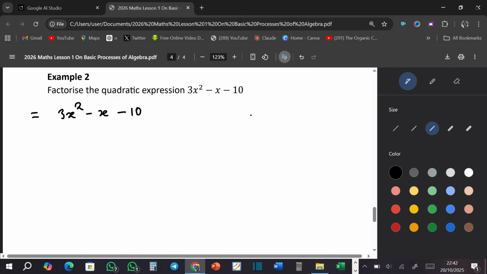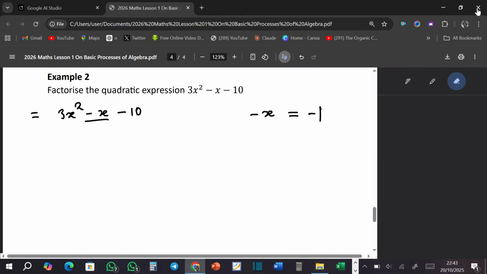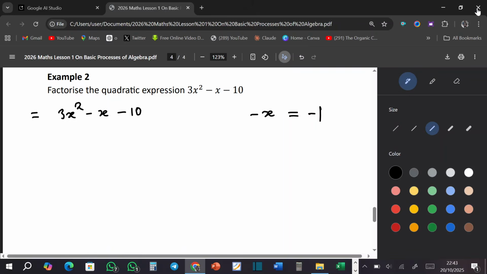So negative x here has a -1 in front. That's what you should take note of. So what now you do, you look for two numbers which when you add them, they'll give you -1. When you multiply them, they'll give you 10.